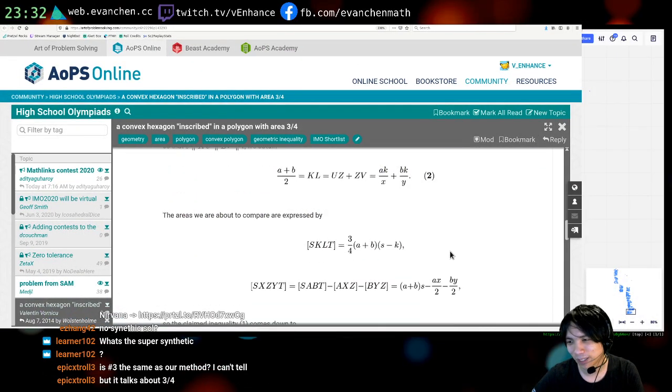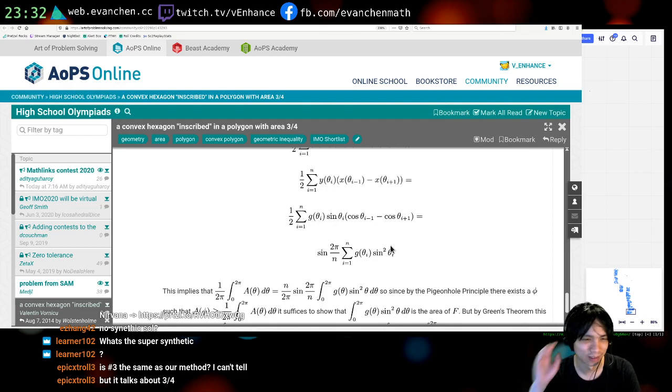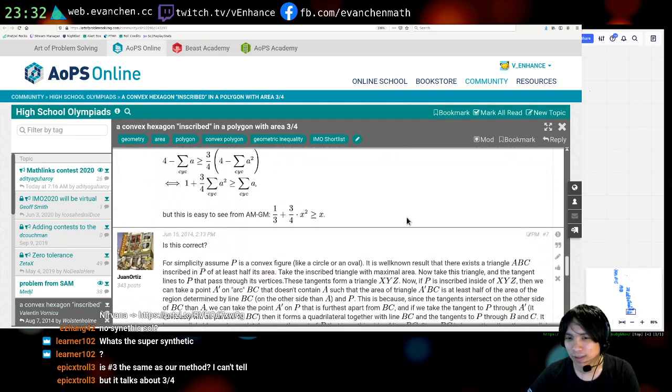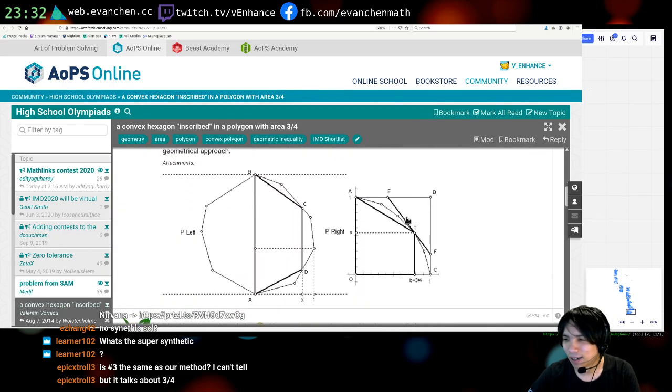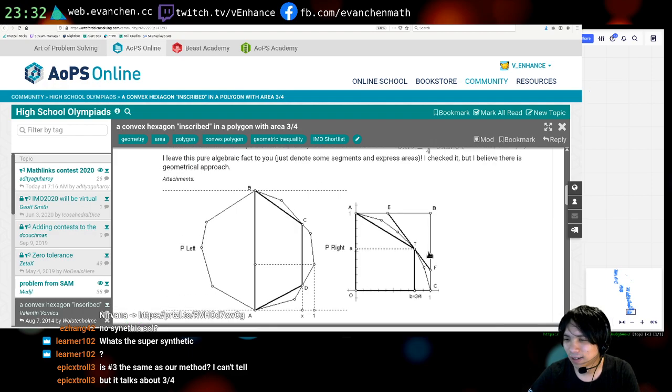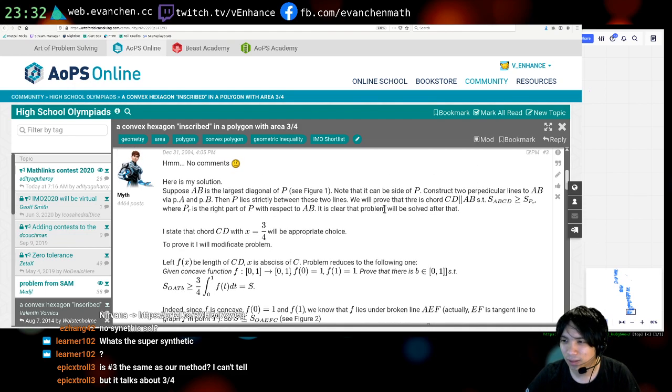I can't believe the spokes method actually worked. That's actually disgusting. Is number 3 the same as our method? I think it's similar.